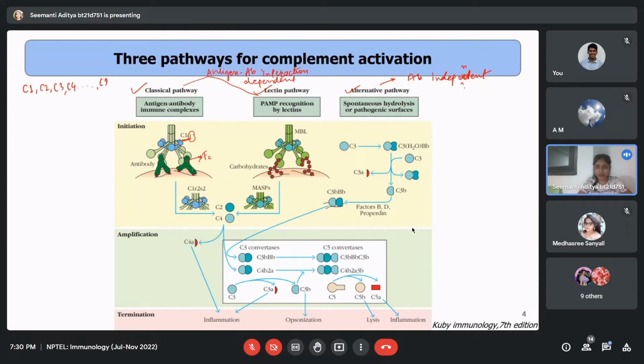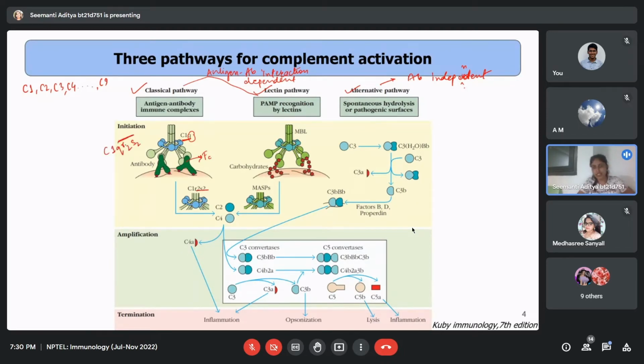Once it is bound to this antigen antibody complex, the C1q gets activated and it will go and bind and activate the two other subunits of the C1 protein, that is R2 and S2. Together we can call it C1q R2S2 activated.